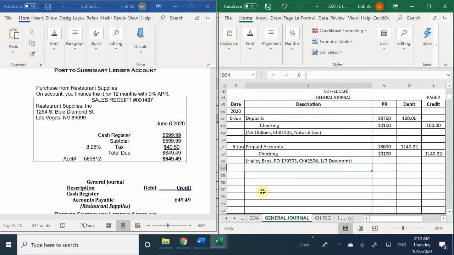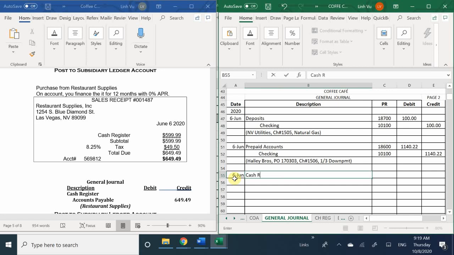14050. So because I'm increasing my assets, because I just bought one, it's going to be on the debit side. And because I'm also increasing a liability, I need to increase my accounts payable with a credit. So let's go ahead and journalize this.